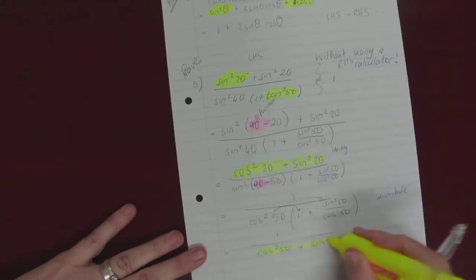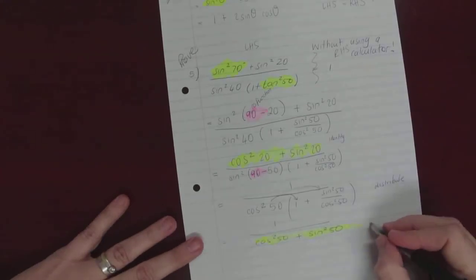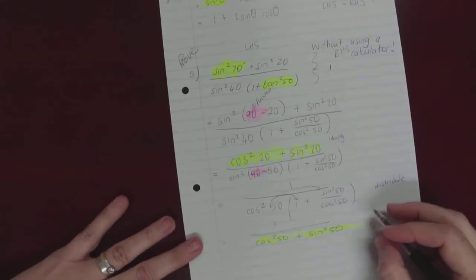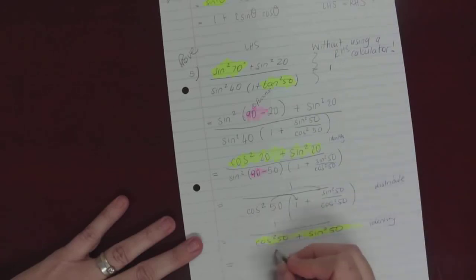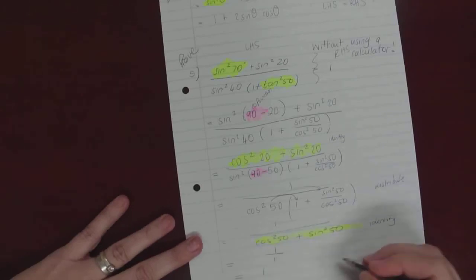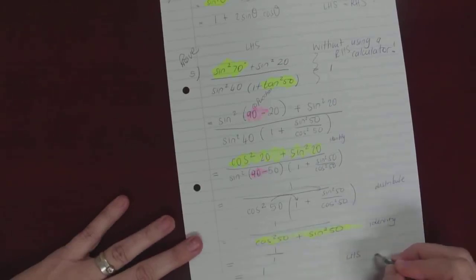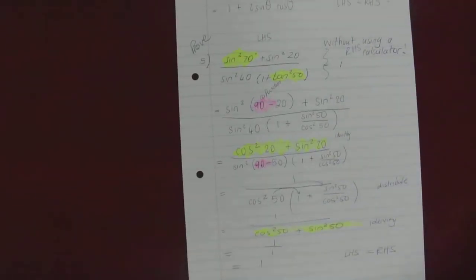What do you notice about sine squared 50 and cos squared 50? If I add them, they are identities, so it's 1 over 1, which means my answer is 1. Therefore, my left-hand side is equal to my right-hand side.